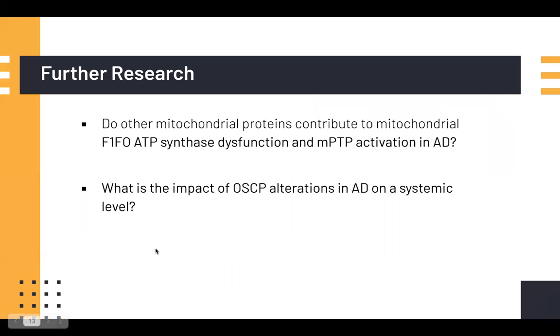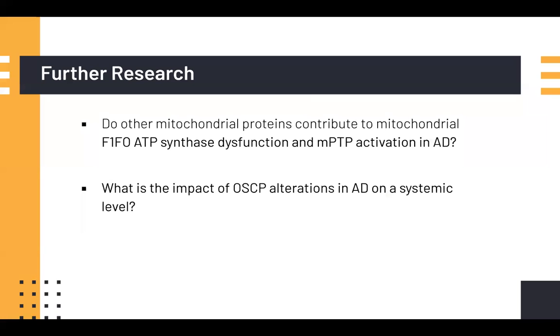So the further research for this paper states that we can explore if amyloid beta may affect mitochondrial proteins other than OSCP that contribute to mitochondrial F1F0 ATP synthase dysfunction and MPTP activation in Alzheimer's disease. Additionally, evidence has suggested that Alzheimer's disease is a systemic disease as amyloid beta is detected in circulating blood, platelets, and other tissues.